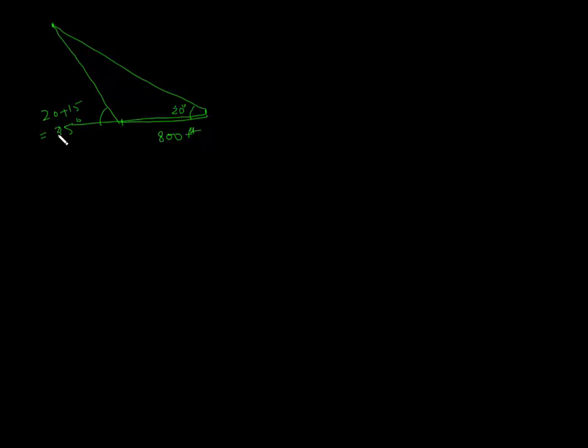What are we looking for in this question? We are looking for the height of the sand dune. To find that, if we drop a perpendicular from the top of the sand dune to the horizontal, we get a right triangle, and the height of this triangle will be the height of the sand dune.